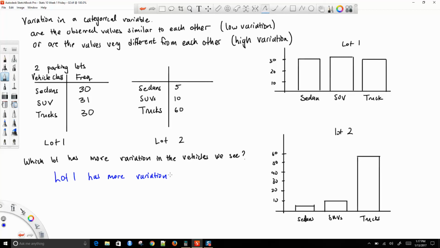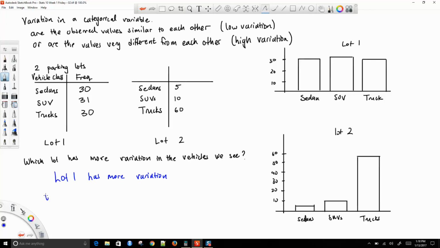If you think of lot 2, and the types of vehicles that you see there, there's not a whole lot of variation. It's almost all of the vehicles there that are trucks, okay? And so this one has less variation because one category is very dominant over the other categories, okay?